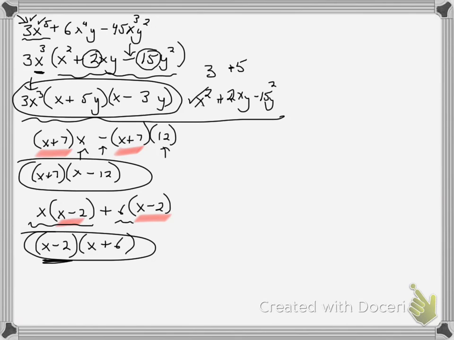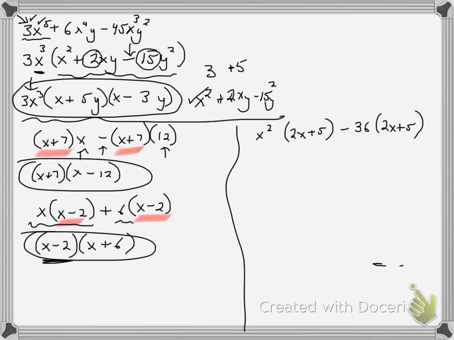And let's look at 5 together. That's kind of more interesting. Sometimes I just like to illustrate it this way. What do these 2 share? They share the 2x plus 5. What are the 2 things remaining? The x squared minus 36.